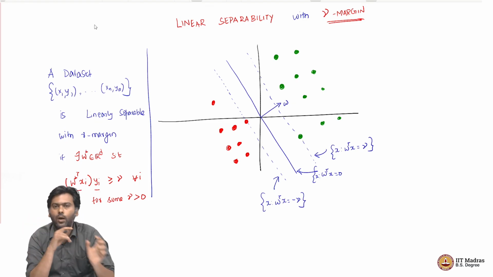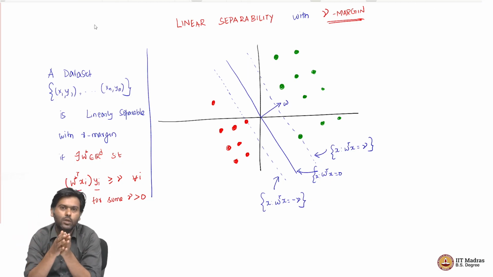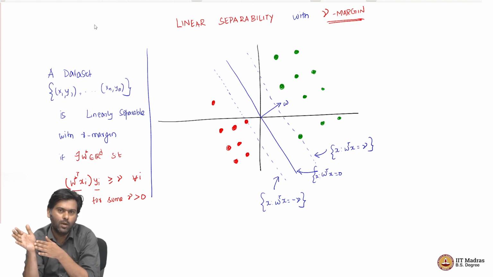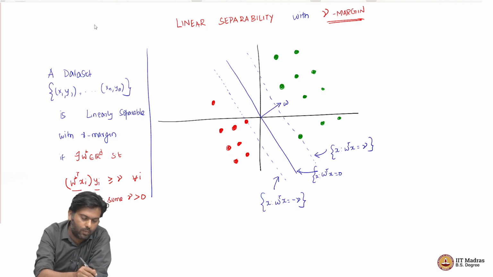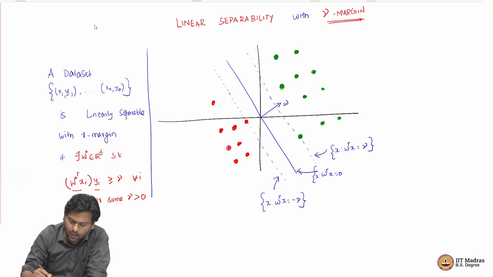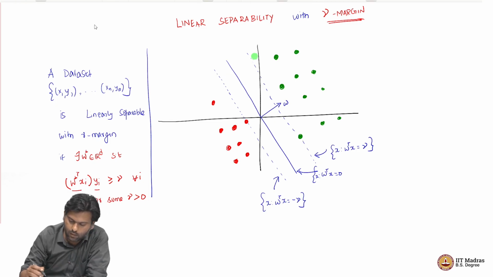Now, why am I doing this product W star transpose Xi into Yi? Well, this is a compact way of saying that if Yi is 1, then for all the points which are labeled 1, W star transpose Xi is greater than or equal to gamma, which means that all the points which are labeled plus 1 are on this side.